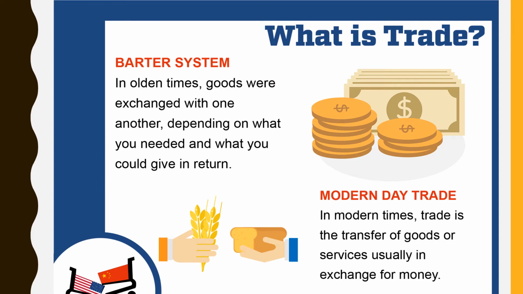So kids, here is the new term for you, trade. Now I am going to tell you the difference between the barter system and the modern day trade. As you all know, in old times goods were exchanged with one another depending on what you needed and what you could give in return.